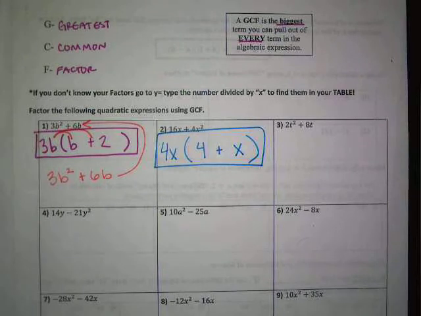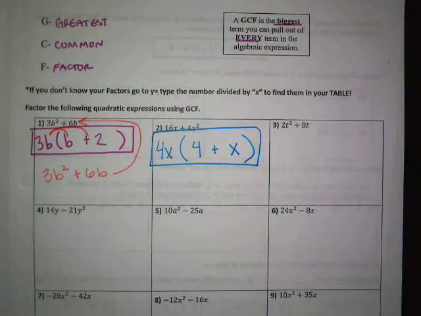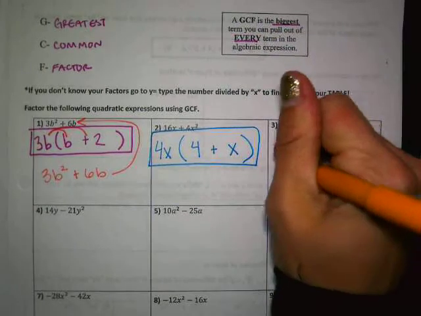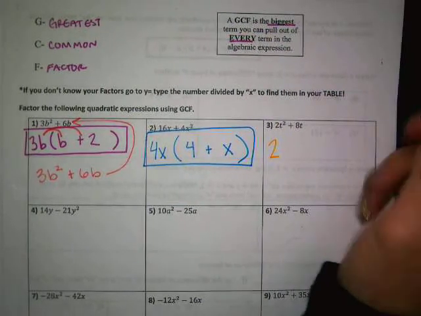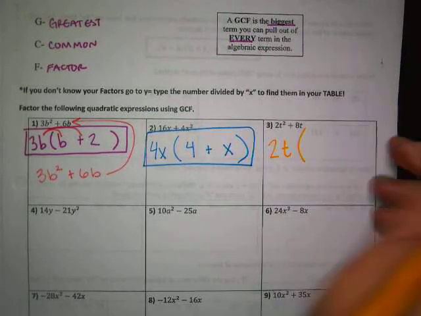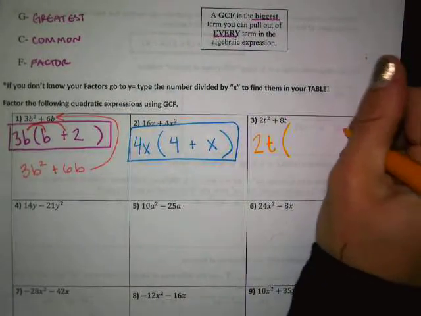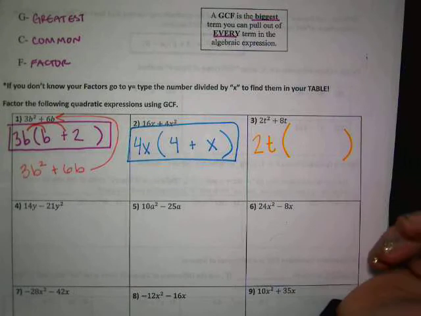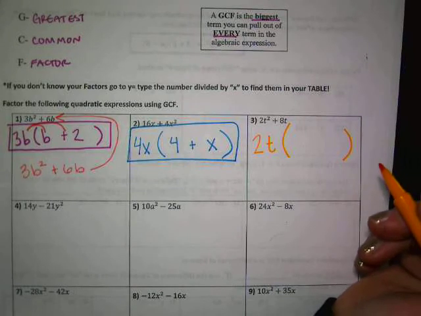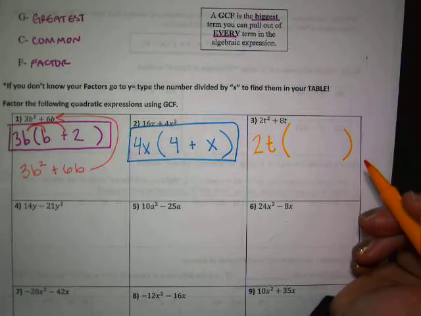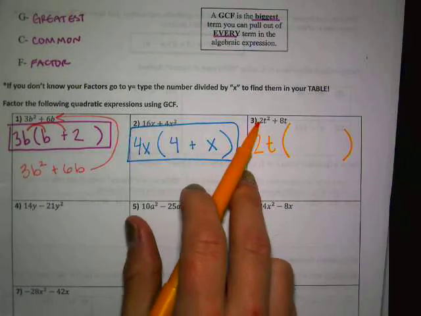All right, on number 3, Evelyn, what can I take out? Or what's my GCF? 2, and what letter? T, good. All right, and then Gip, when I take a 2t out, what am I left with? All right, so 2 divided by 2 is what?